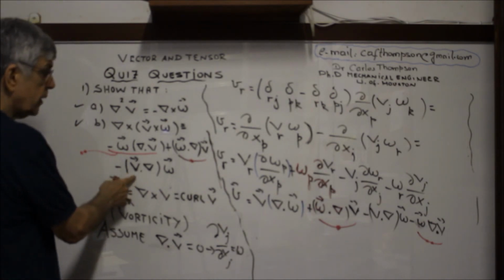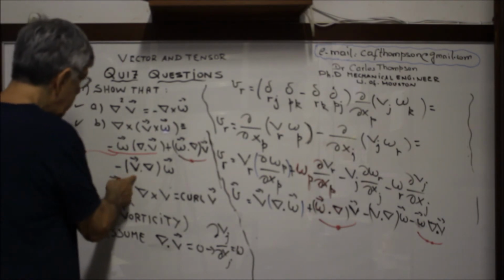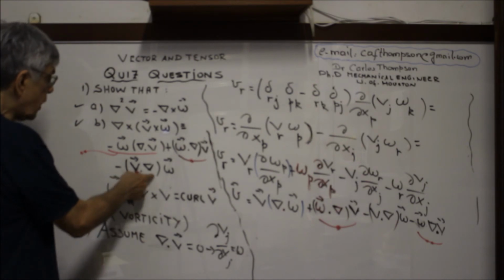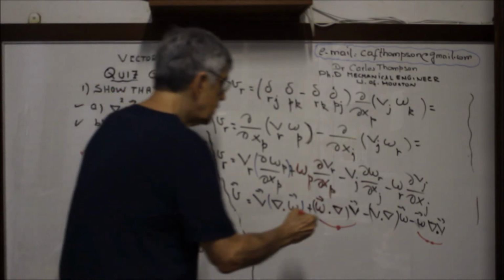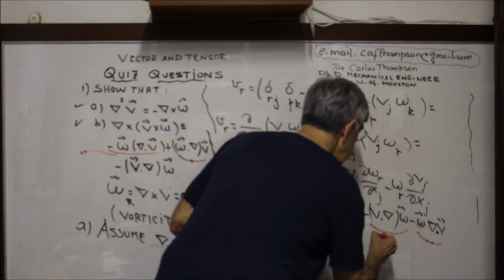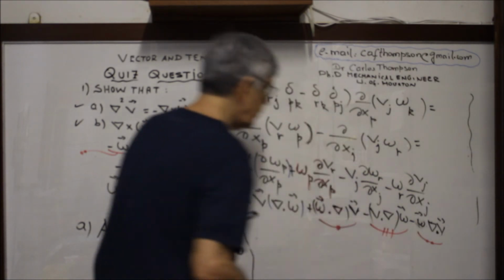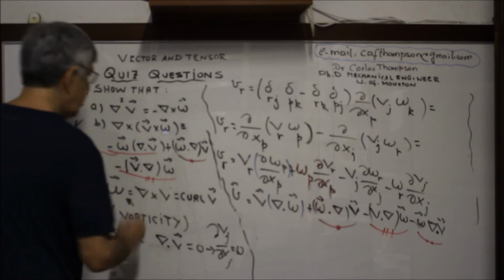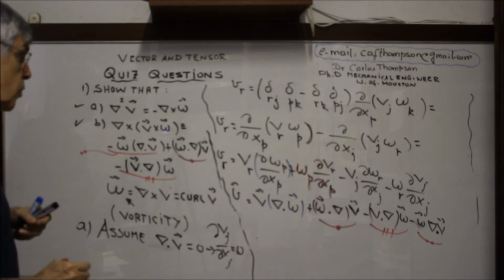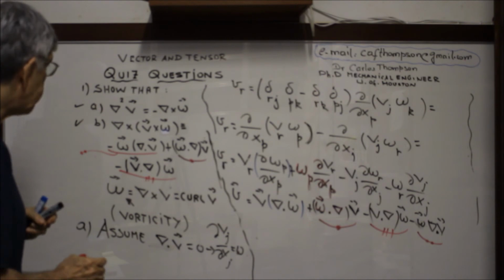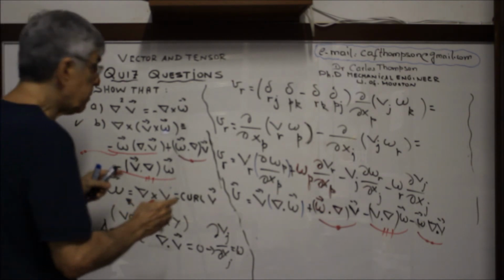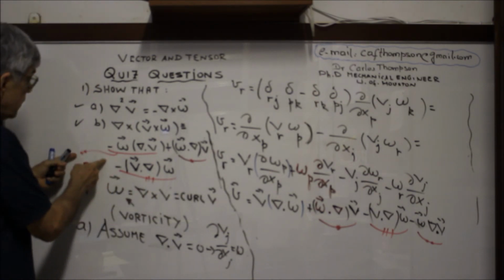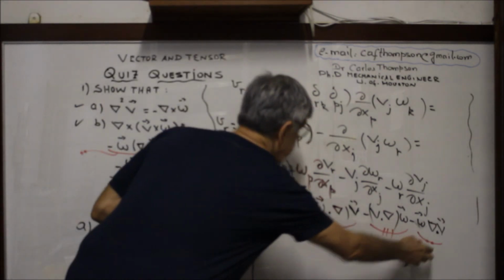And this one, you see, minus V dot nabla omega is this one here. Let's put this 3 over here, and this is right there. You see? And also, you have to pay attention for the minus sign. You see, this minus here, minus there.